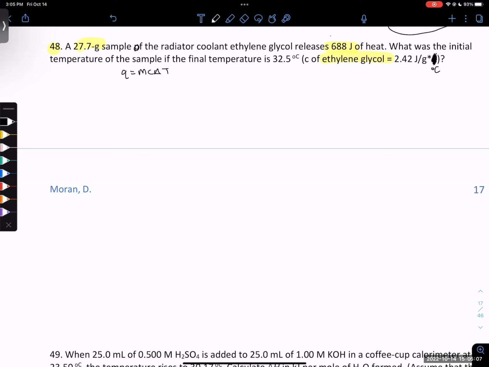I'm confused there, because if that's negative, and it's saying that it's releasing heat, meaning the initial temperature is going to be greater than the final temperature. No, not necessarily. We're solving for the initial temperature.